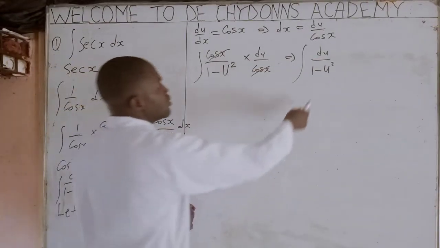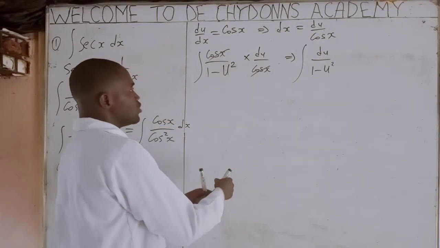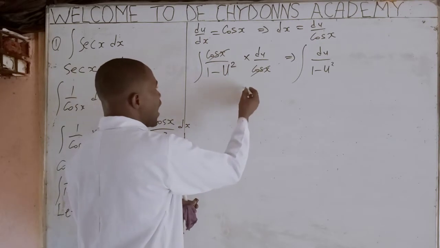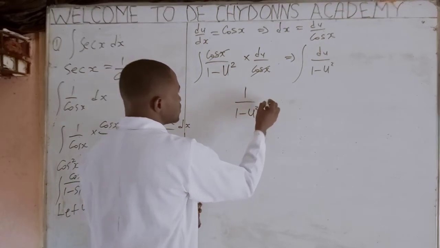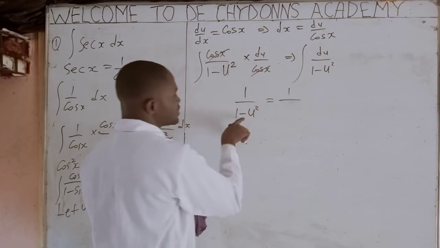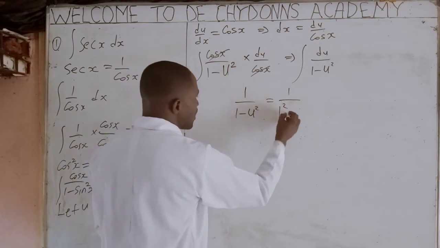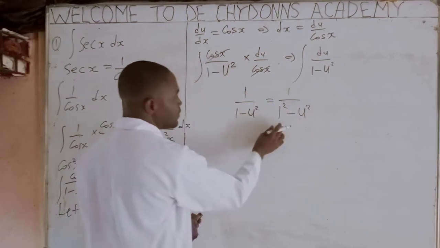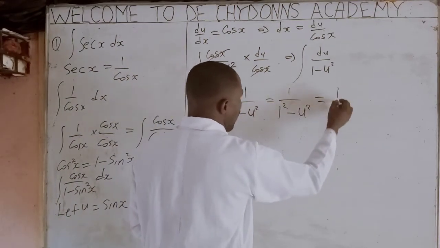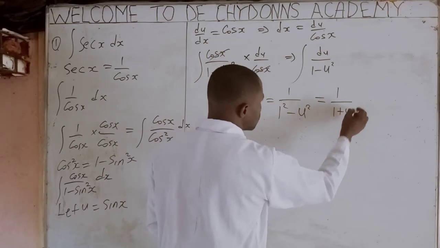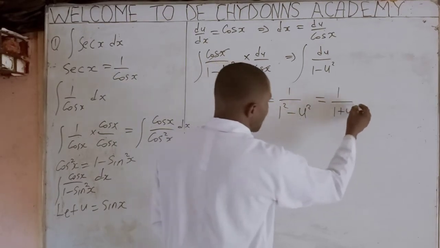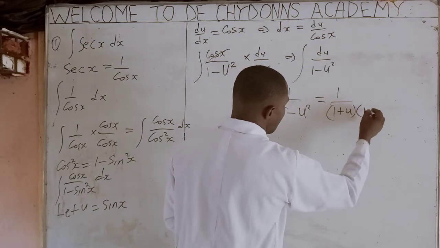Okay, now getting to this point, you know that 1 over 1 minus u squared is a difference of two squares, 1 squared minus u squared, they are the same. It simply also means 1 over, because this is a difference of two squares, (1 plus u)(1 minus u).